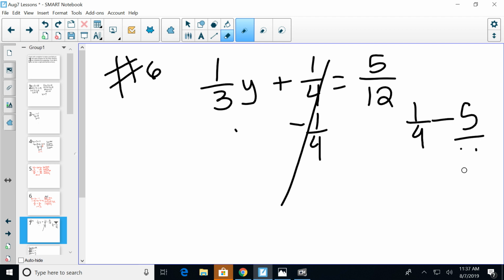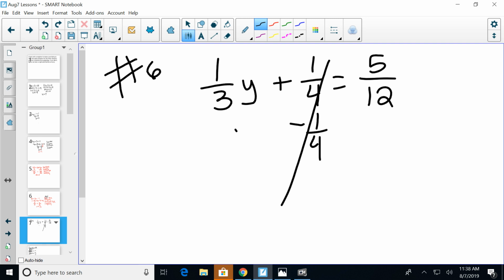They will for him to be able to do the math. Yes, the denominator will be 12. It's supposed to be 5, but I didn't want to erase it.